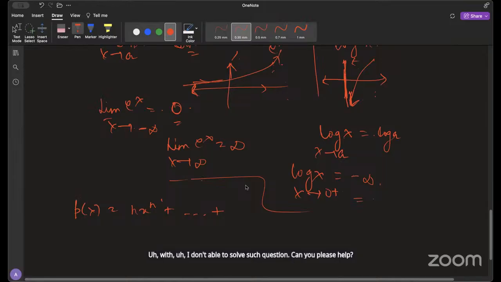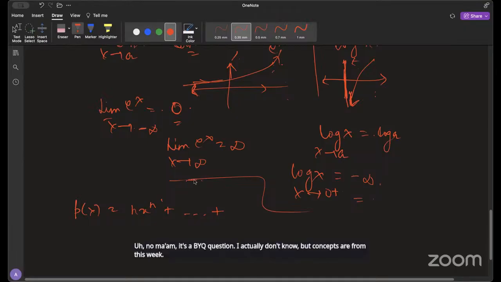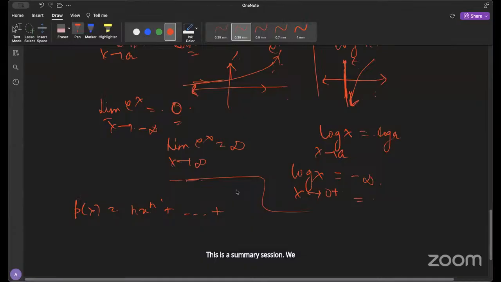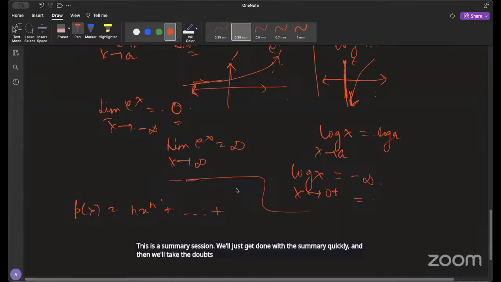Are those questions from this week? Sorry, ma'am. Are the questions that you're talking about from this week? No, ma'am. It's a PYQ question. I actually don't know, but concepts are from this week. This is a summary session. We'll just get done with the summary quickly and then we'll take the doubts at the end. Is that okay? Okay, ma'am.